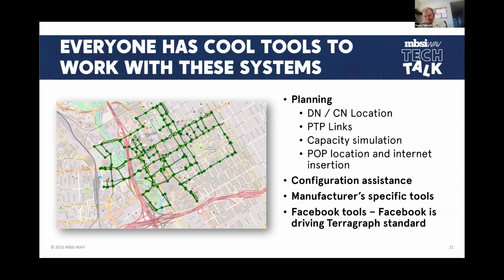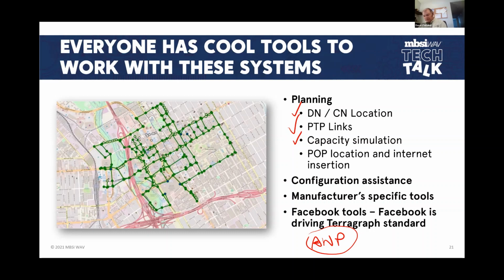Most planning tools, such as the advanced network planner that Facebook provides, as well as tools that the other manufacturers provide, generally will help us with planning the DN locations, where we're going to need to use point-to-point links. Some tools will give us a capacity simulation when we build a network a particular way with a point of presence at a particular location.